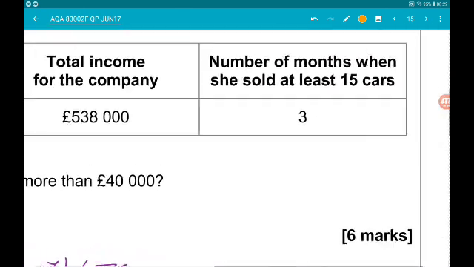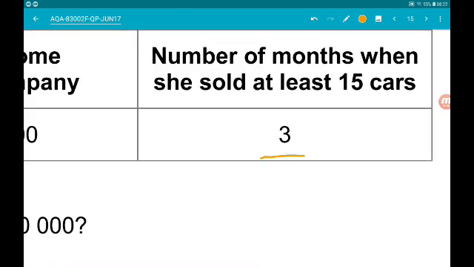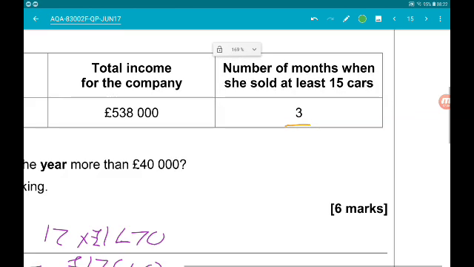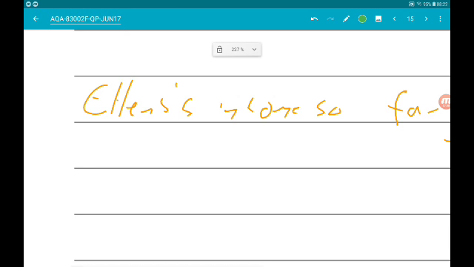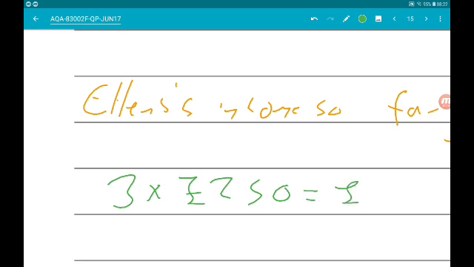So there were 3 months where she sold at least 15 cars. So she's going to get 3 lots of 250, which is 750.